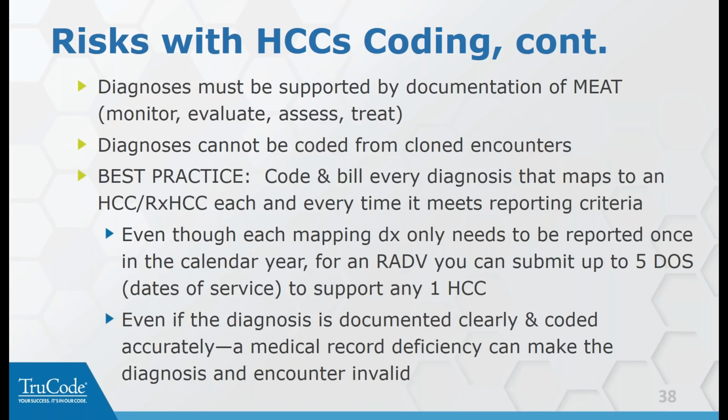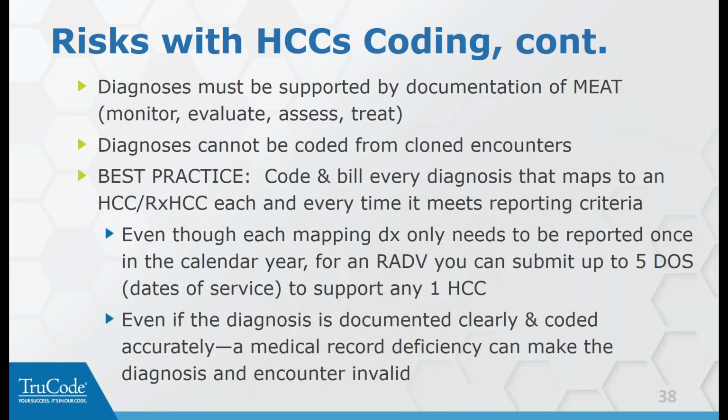Again, I talked about the MEAT. They have to be supported by documentation of the MEAT. They can't be coded from cloned encounters. Every encounter that you code from has to be a standalone encounter, and it cannot be just copied and pasted from a previous encounter. Again, I've already talked about this several times, but the best practice is to code and bill every diagnosis that maps to an HCC or a drug HCC each and every time that it meets the reporting criteria.